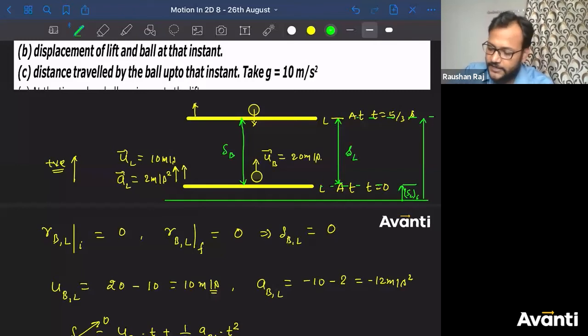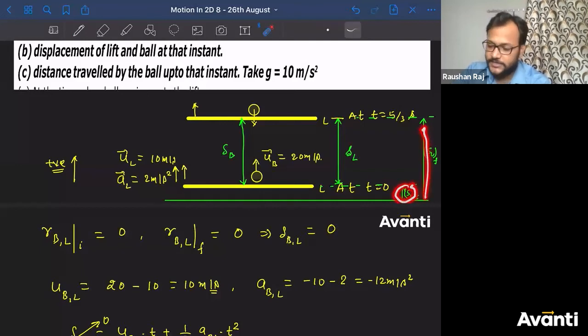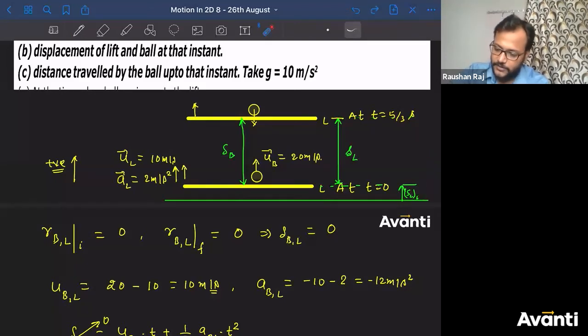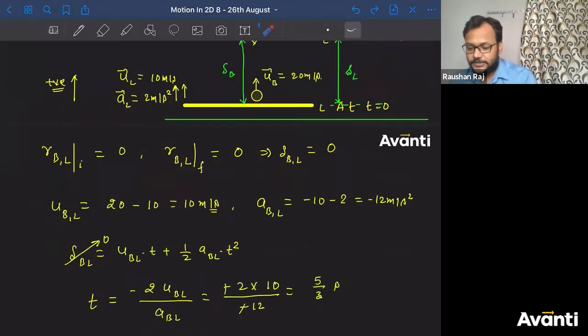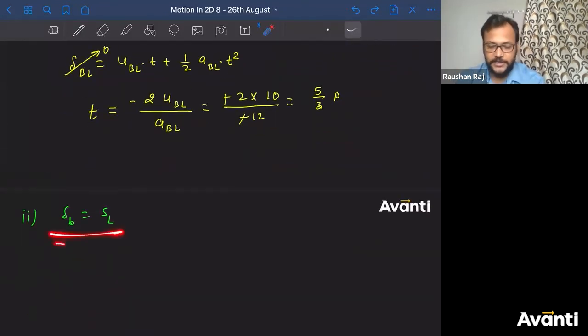This is the final position of the lift. So final position minus initial position. If you subtract this initial one from the final one, what is the answer? This distance. So that is why I have written that. Chaliye, I hope you can now handle these things by your own. All right. So we have understood that SB will be equal to SL.